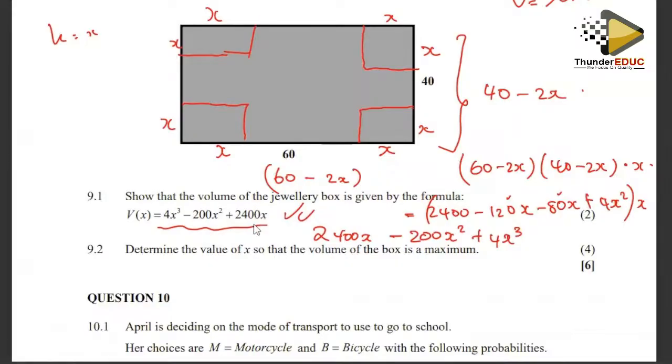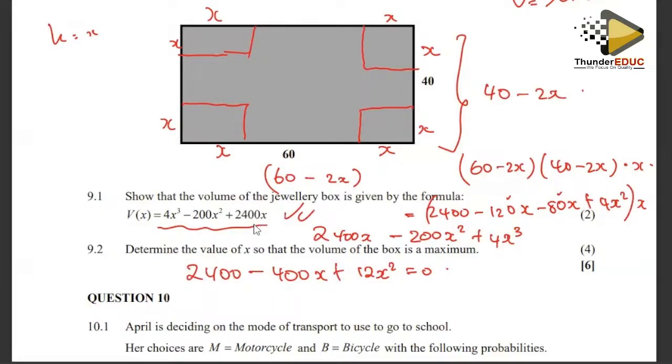We need to find the derivative. So it's 2400 minus 400x plus 12x squared is equal to 0. We can do the substitution into the calculator because factorizing this is going to be a bit hectic.